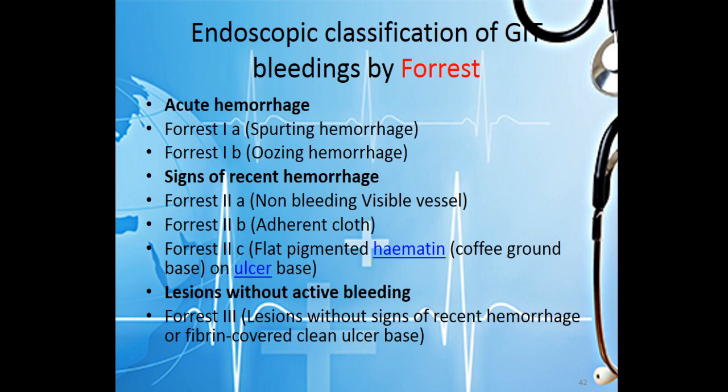Second, Forest 2. The other name of Forest 2 is unstable hemostasis. We can see a non-bleeding visible vessel. We can see an adherent clot. We can see hematin on the ulcer base.